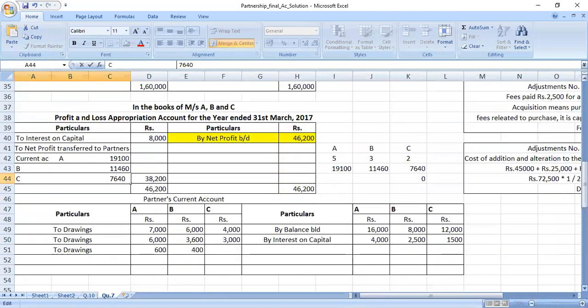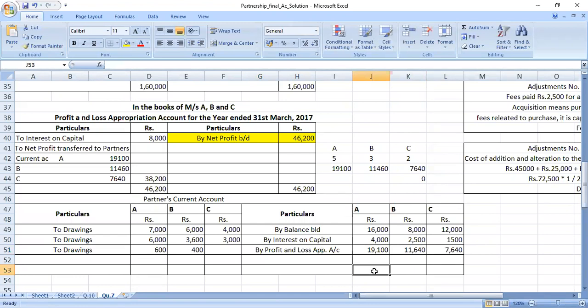Whenever it is transferred, it is on the credit side, by profit and loss appropriation account, and we will write the net profit of A 19,100, B 11,460, and C 7,640.